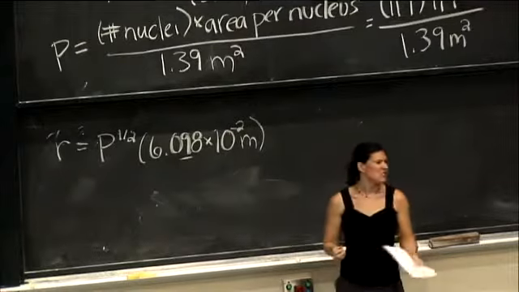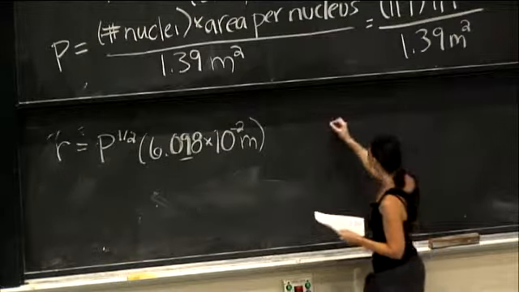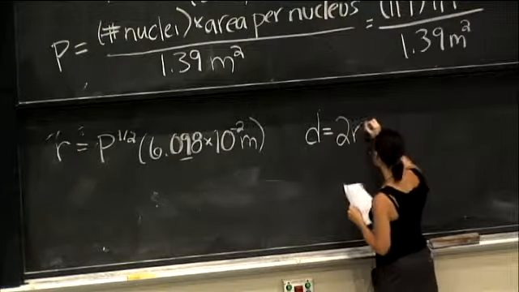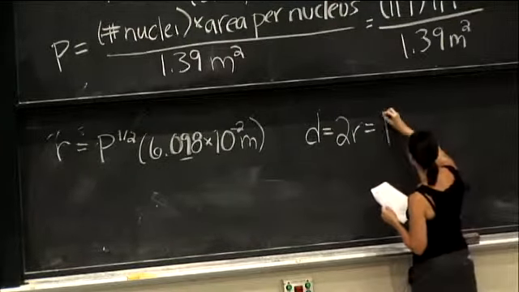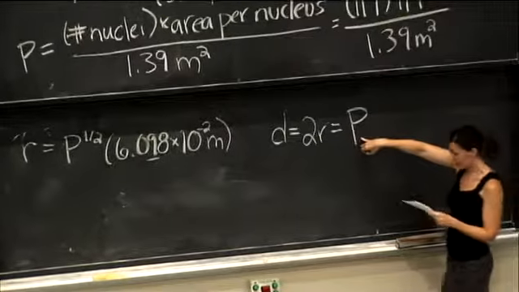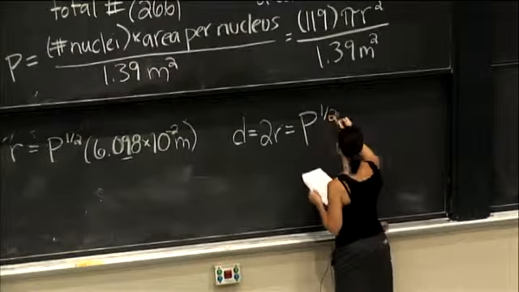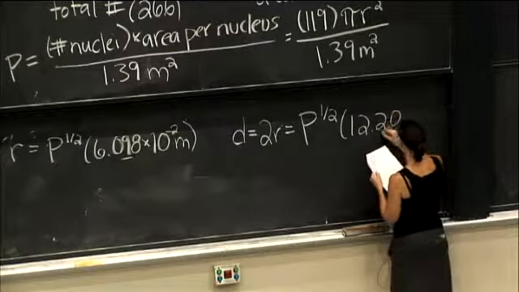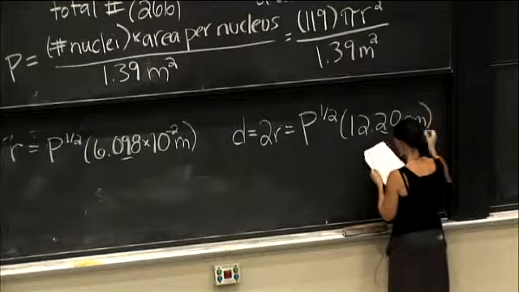So actually, just for discussion's sake, it makes a little more sense for us to talk about the diameter. So that's just twice the radius. So once we figure out what our probability of backscattering is, we'll just raise that to the 1/2, and we'll multiply that by 12.20 centimeters.